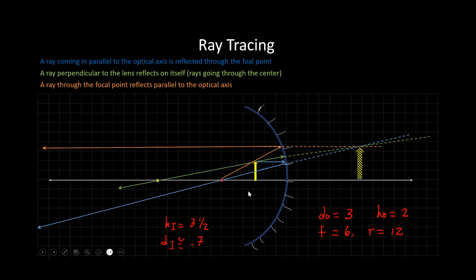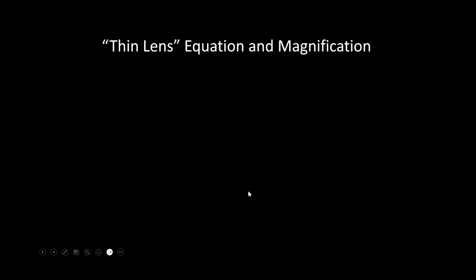So let's see now what the lens equation gives us. Lens equation: 1 over f equals 1 over do plus 1 over di. I want to compute di.